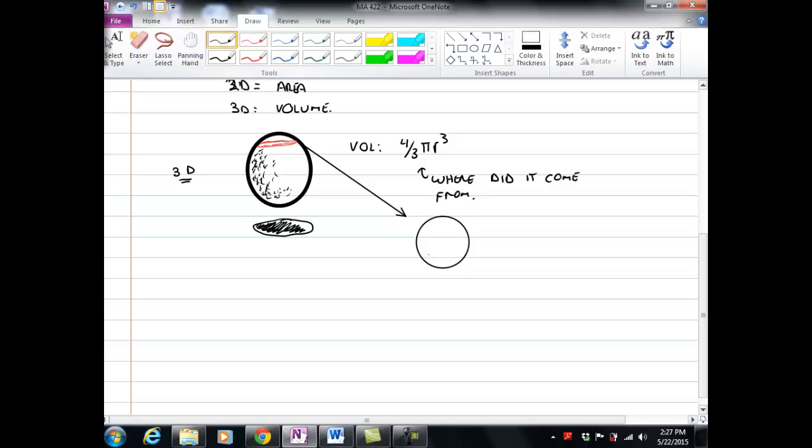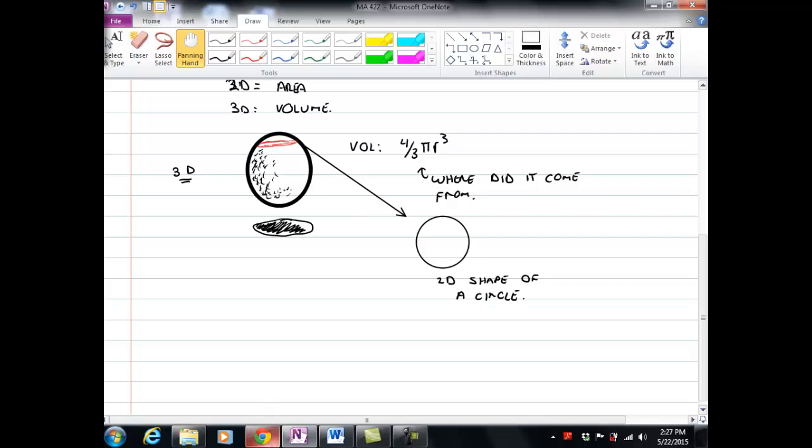So if I were to do it very thin, I get a 2D shape, which is a circle. So if I cut up this tomato into super duper thin slices, it's no longer 3D, it actually becomes 2D.